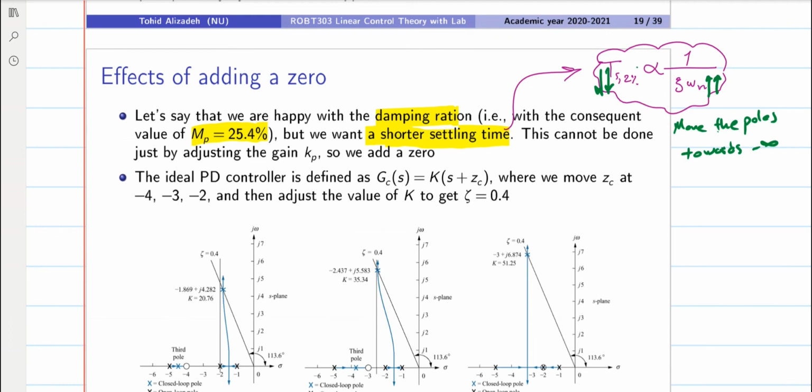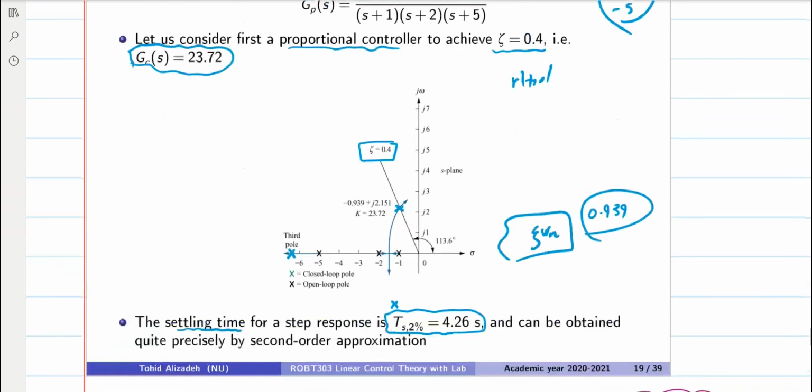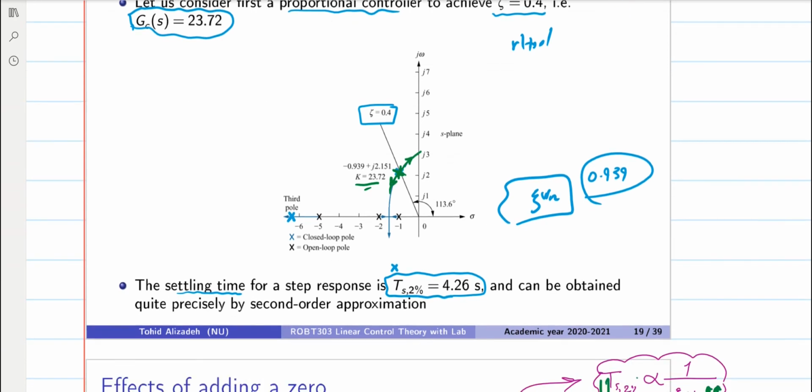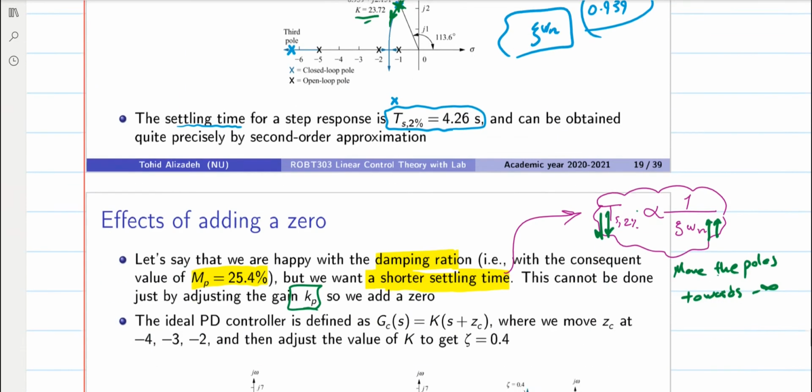Obviously we cannot do this using only a proportional controller, because if we change the value of the proportional controller, increasing it, we will move in this way, decreasing it, we will move in this way, and in both cases, the requirement on the zeta will not be satisfied. We need to keep the proportional value of the controller equal to 23.72 in order to satisfy that. And by changing the value of the proportional controller, we cannot change the settling time while keeping the same overshoot or damping ratio.